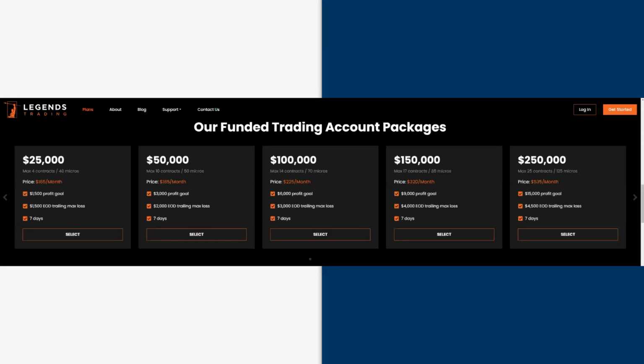For example, and we keep using Legends as an example just because of pure familiarity with them, they built their eval method against your trading method. So with Legends, it's passable, it's sustainable. We've got multiple students that got and stayed funded for months and months and months. It's a non-issue. You know what I mean?